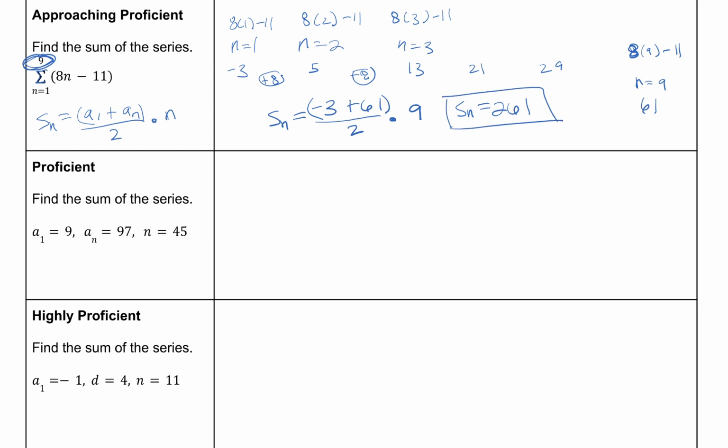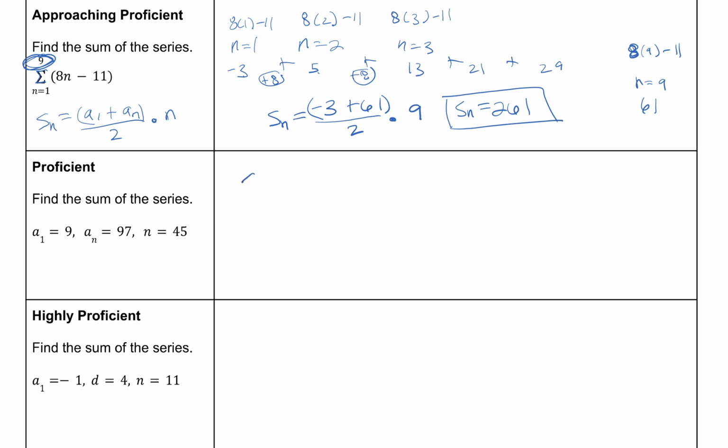Now remember, on a test, you want a way to check your answers. If you wanted to continue and write all of these out, you could write them all out and add them all together, and you should get 261. Now that's only if you have a small n, like n equals 9, that's pretty manageable. If I have a 45, I'm going to just hope that I did it right.